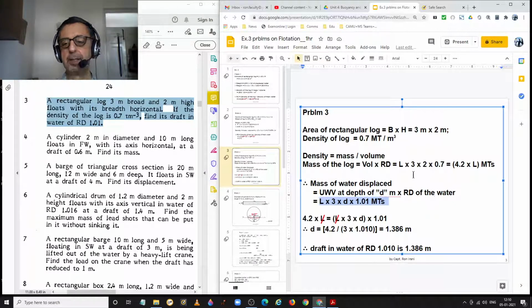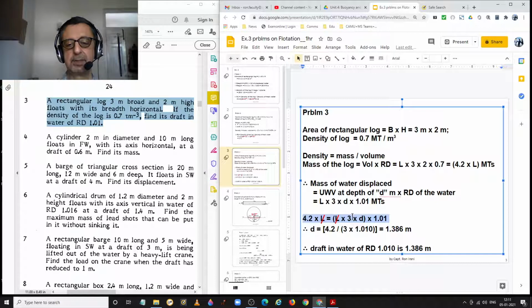Now we can equate the mass that we have calculated here with this mass. When we equate the two masses, we find 4.2 multiplied by the length on the left hand side is equal to length multiplied by breadth multiplied by the draft multiplied by the relative density.